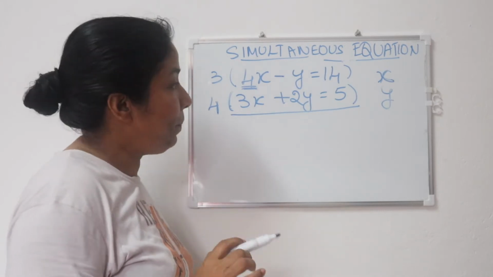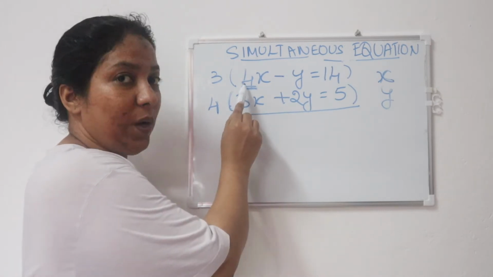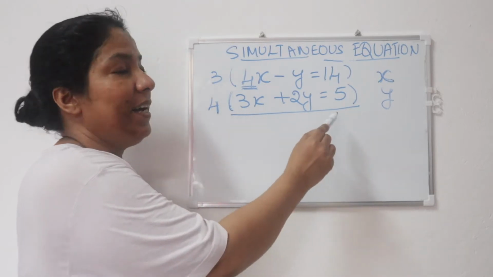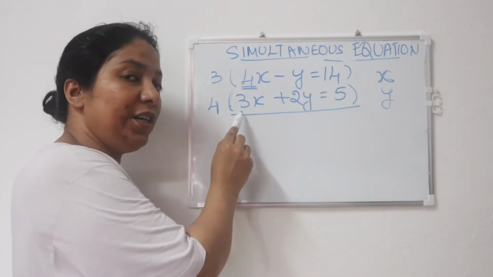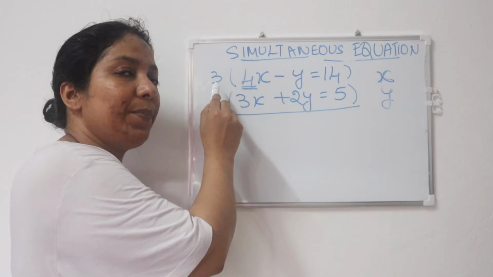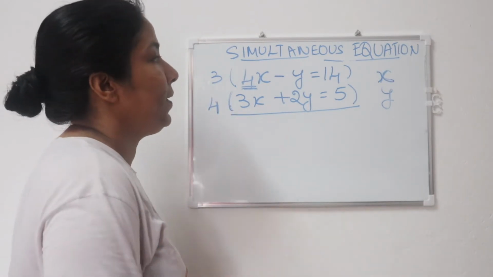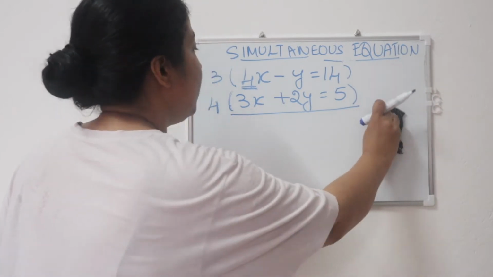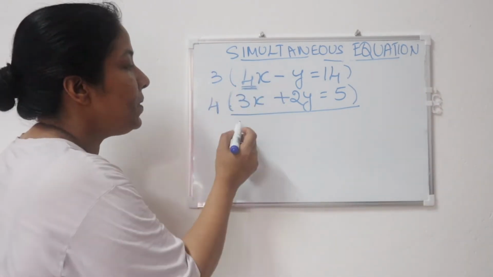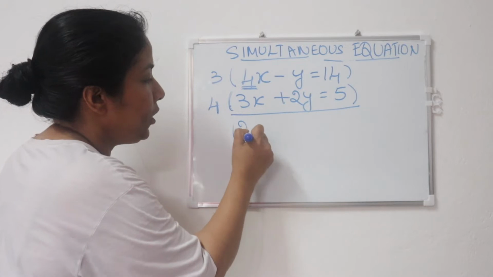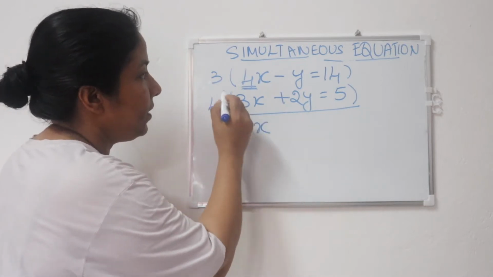So what is the step? The coefficient of the first one must be multiplied to the second equation. The coefficient of the second equation must be multiplied with the first equation. So let us multiply. 3 times 4 is 12x.